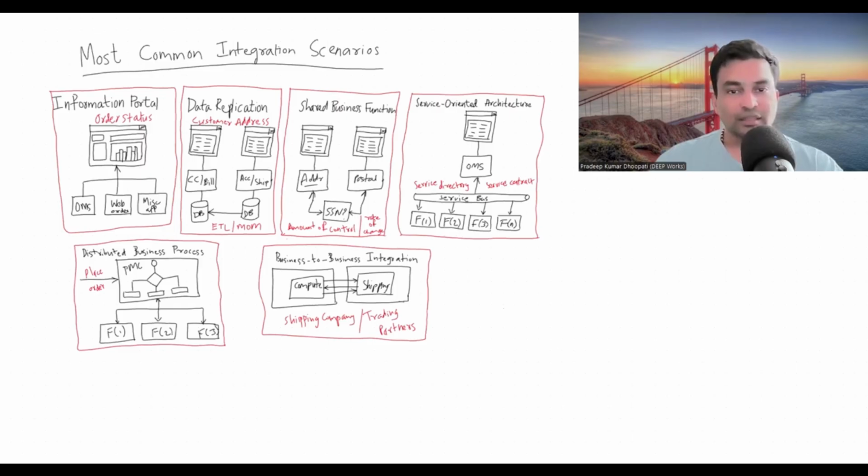And the next integration scenario is service-oriented architecture. In this approach, we will have several different functions implemented, and these functions are integrated in a service bus architecture, and all these functions are exposed as services. And the service bus will have the service directory, what all services are available in that service bus.